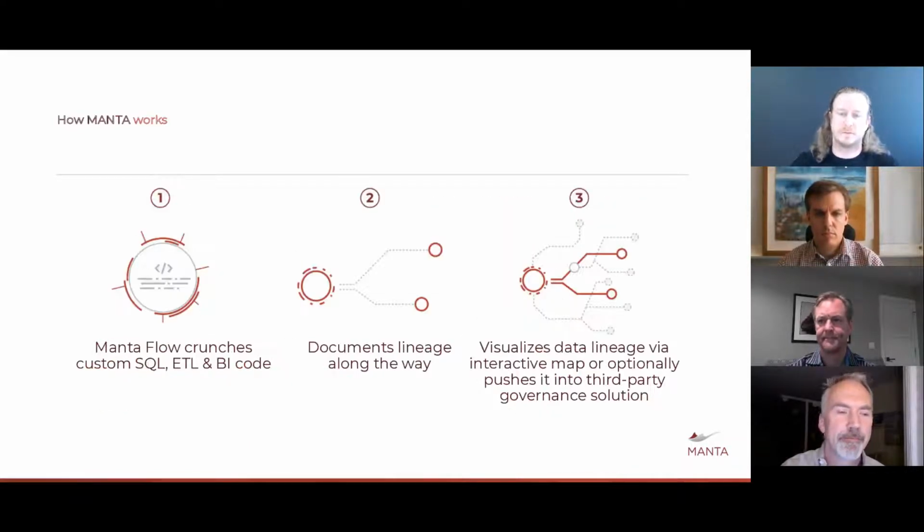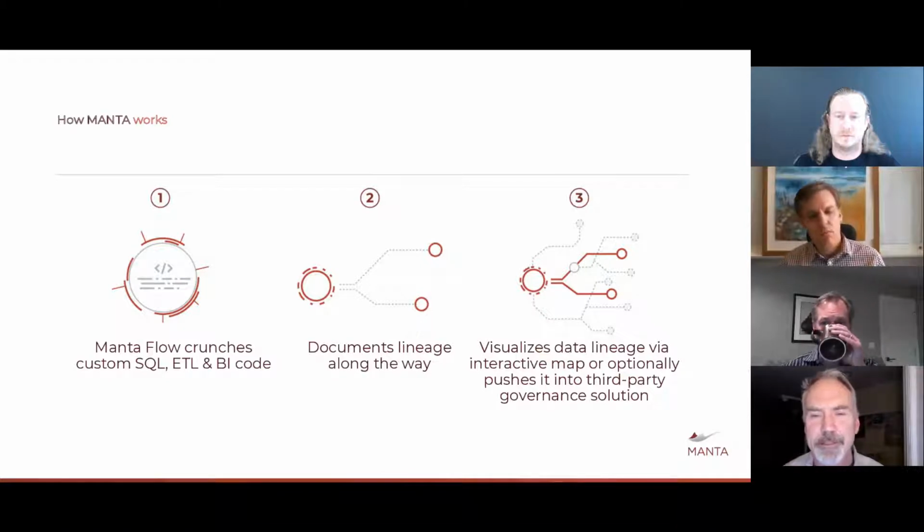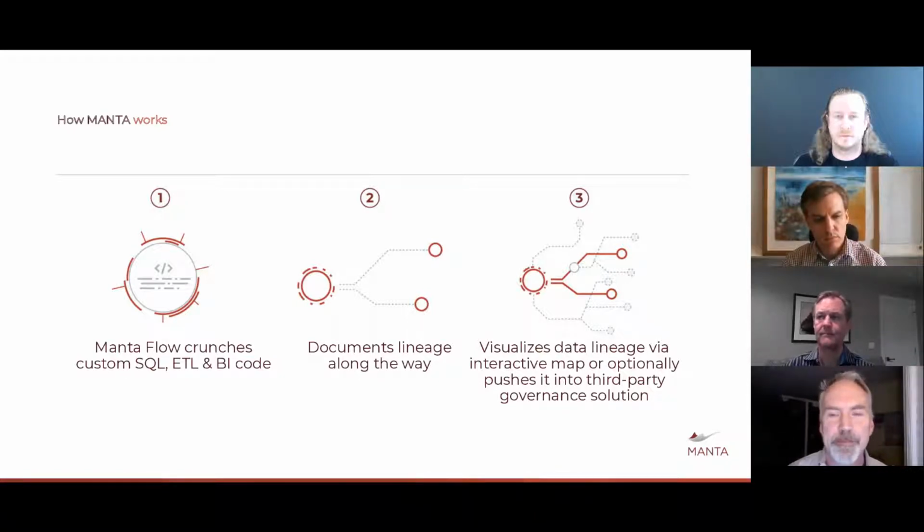How do we do that? Well, MANTA actually goes through and looks at your code. We crunch through, we like to say, that code, whether it's SQL statements, whether it's the complex information in various ETL tools, or it's the metadata provided by reporting tools, such as Tableau and Cognos and Qlik Sense, all these different offerings, and looking through that in detail, and then documenting the lineage along the way.